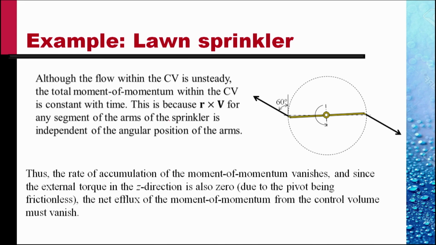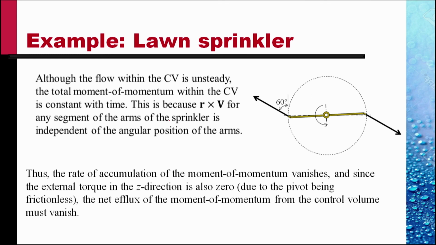The rate of accumulation is 0. The net torque we want is 0. So, the sprinkler arms would rotate at such a speed that the net efflux of moment of momentum is 0.